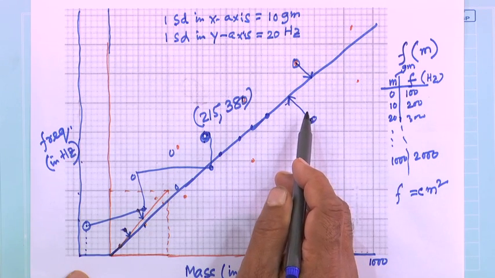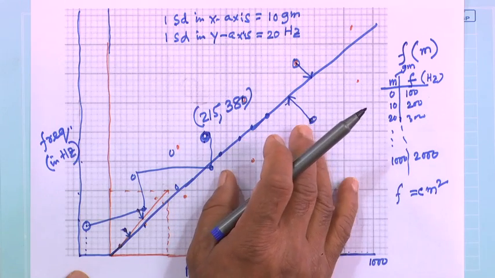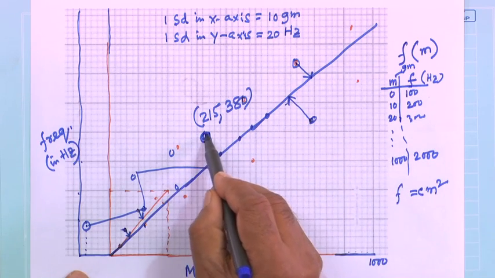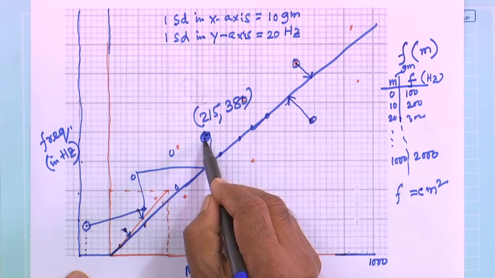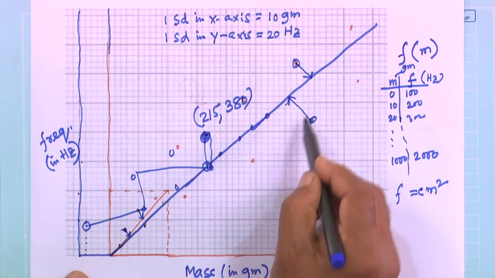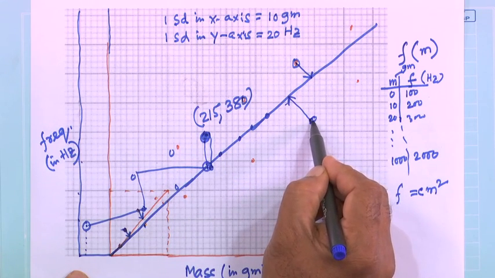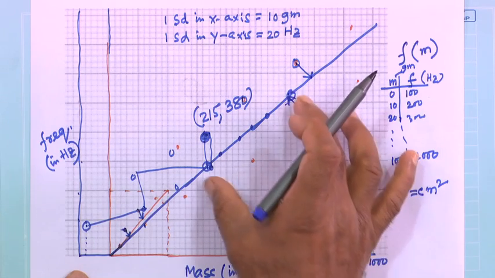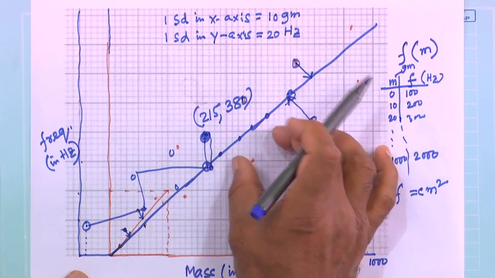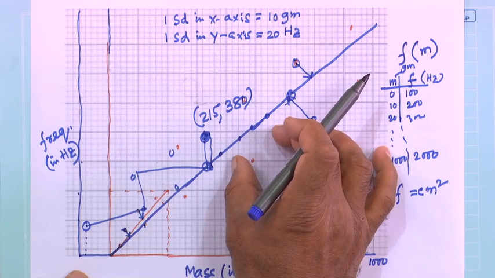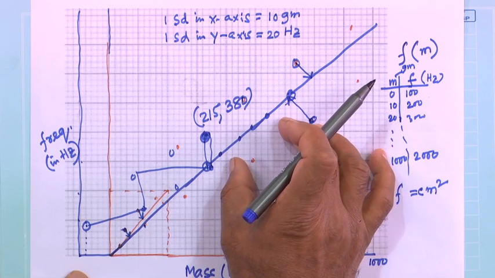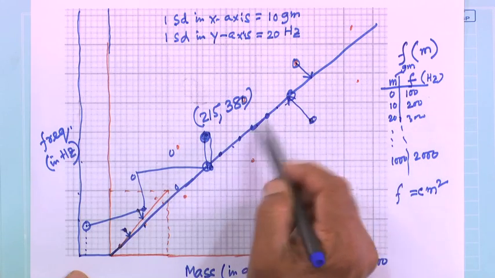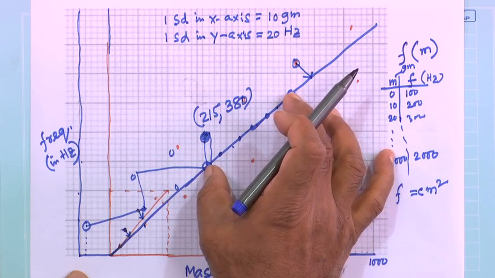This is not exactly extrapolation. This point is the experimental value, and on the average curve this is the value. So, if you connect the points, you will get other points in between, which are not found experimentally, but from the graph you can find them out. This is called interpolation.